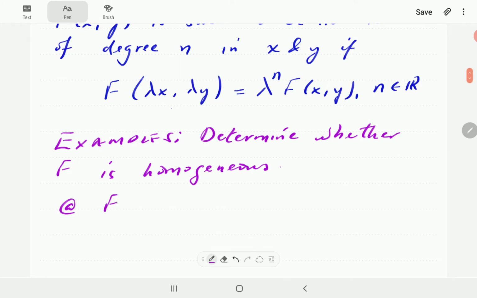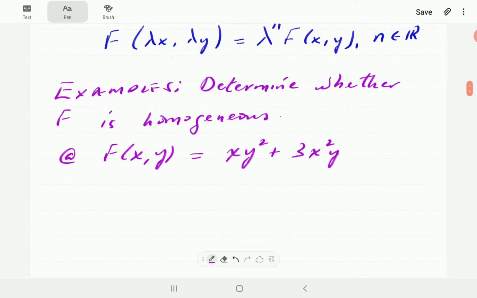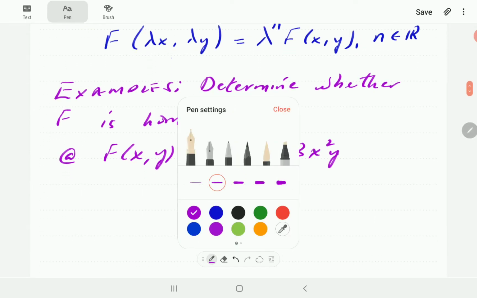In part A, we are going to look at f equal to xy squared plus 3x squared y. Okay, so is this function homogeneous or not?